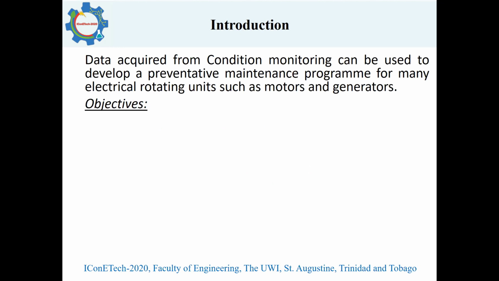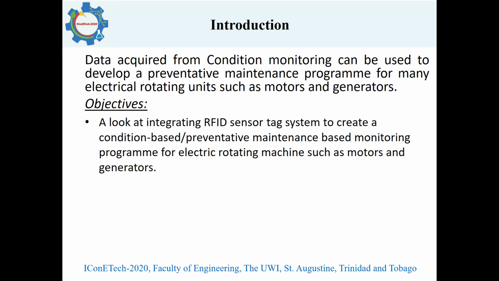So, data acquired through condition monitoring can be used to develop a preventative maintenance program for many electrical rotating units, such as motors and generators. Now, condition monitoring is exactly as the name says. You monitor conditions, certain parameters within a device or a piece of equipment, just as we would go to the doctor to get our routine checkups to monitor our heart rates, our movements, our breathing, to make sure that we are working good.